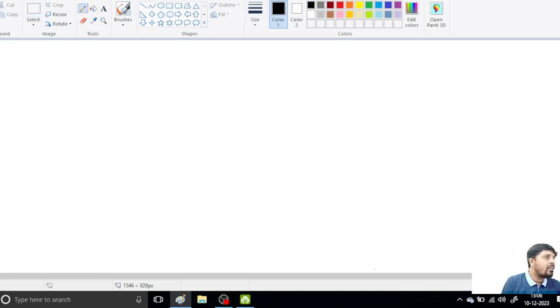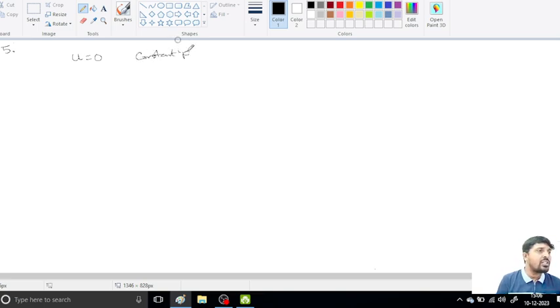Now we will solve the next question. A particle starts its motion from rest. Rest means u is going to become 0, under the action of a constant force.